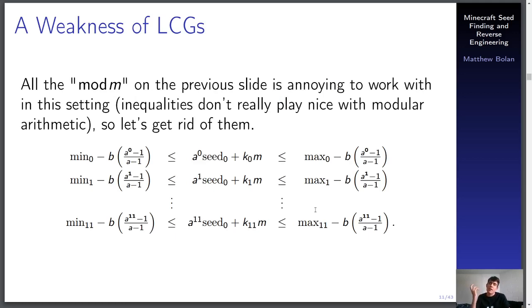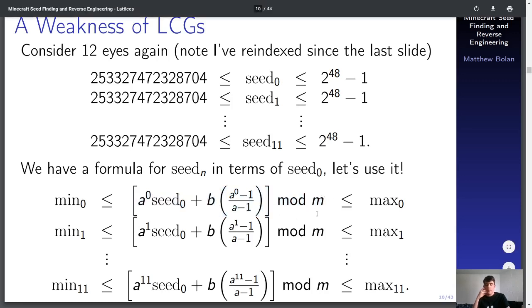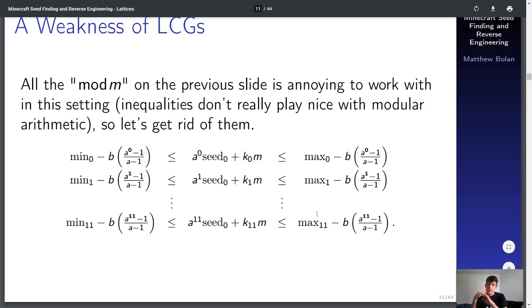Let's say, for example, 6 and negative 2 are equivalent mod 8, but 6 is between 5 and 7, and negative 2 is certainly not between 5 and 7. So you have to be careful about what you mean by this. Currently I just mean mod m as the least positive residue. But that's not too important, because we're going to get rid of those.